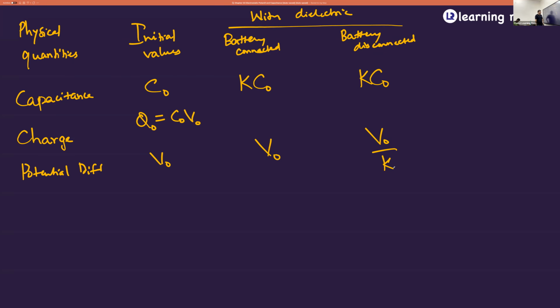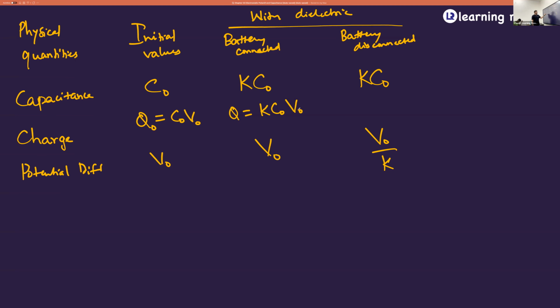The new charge will be equal to the new capacitance times the new potential. When a dielectric is there, what is the new capacitance? K times C naught. And what is the new potential? It is V naught. So it will be K times C naught into V naught.